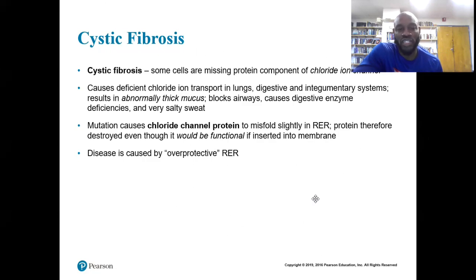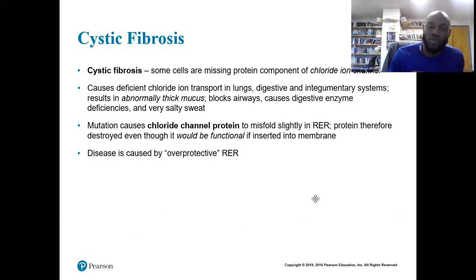The mutation causes the chloride channel protein to misfold slightly in your rough endoplasmic reticulum. So it's a mutation that affects your rough endoplasmic reticulum. The chloride channel protein that's folded and processed by your rough endoplasmic reticulum doesn't fold properly.